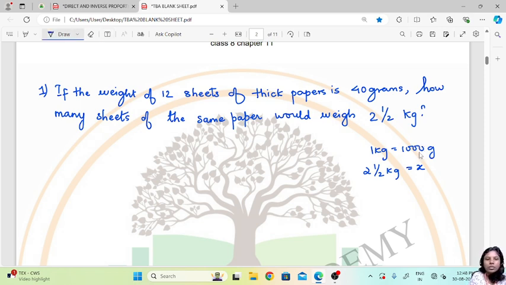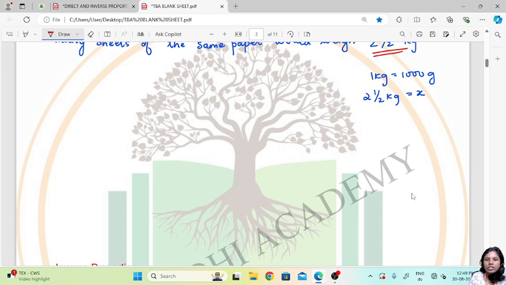Here, one of the units is in grams and the other is in kgs, so we have to convert the kgs to grams. We know that 1 kg equals 1000 grams, so we have to find how much 1 1/2 kgs will be. First step is solving this mixed fraction.